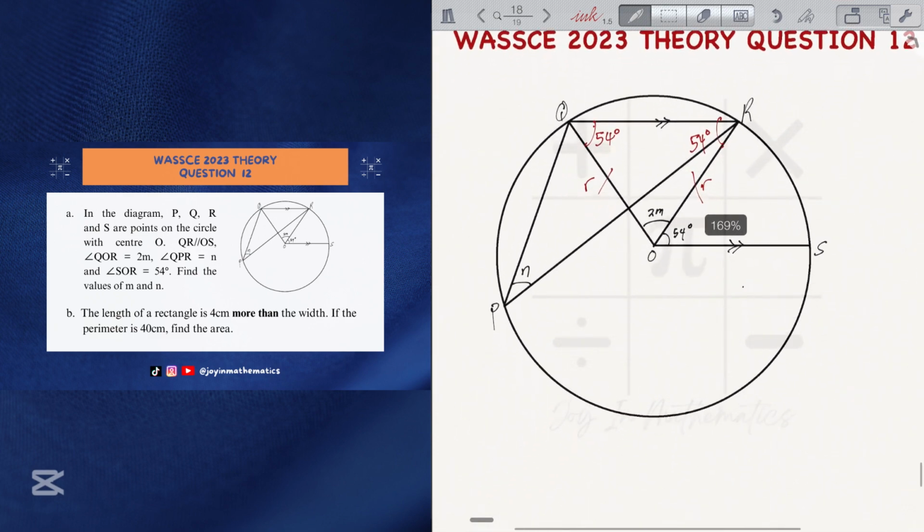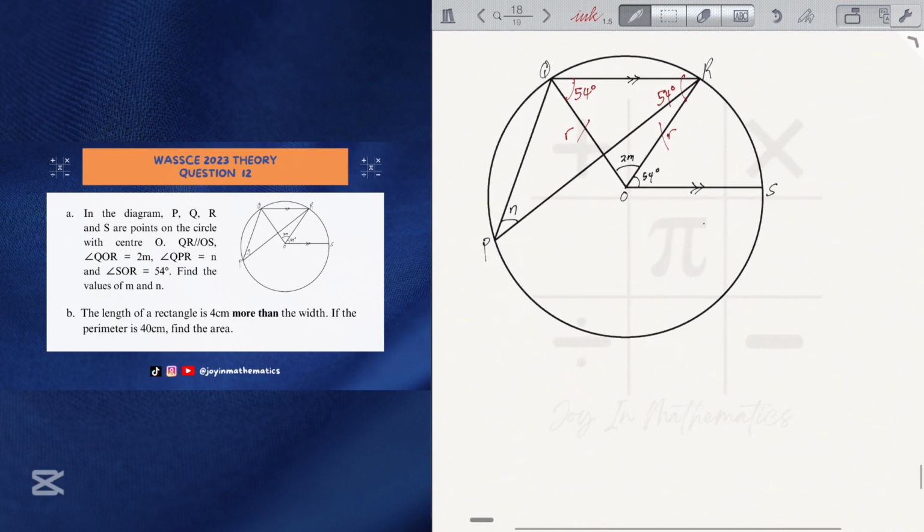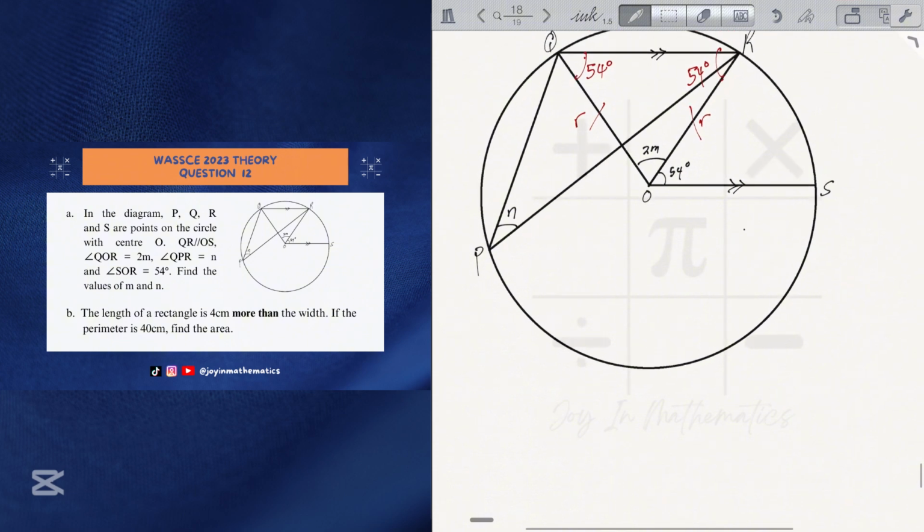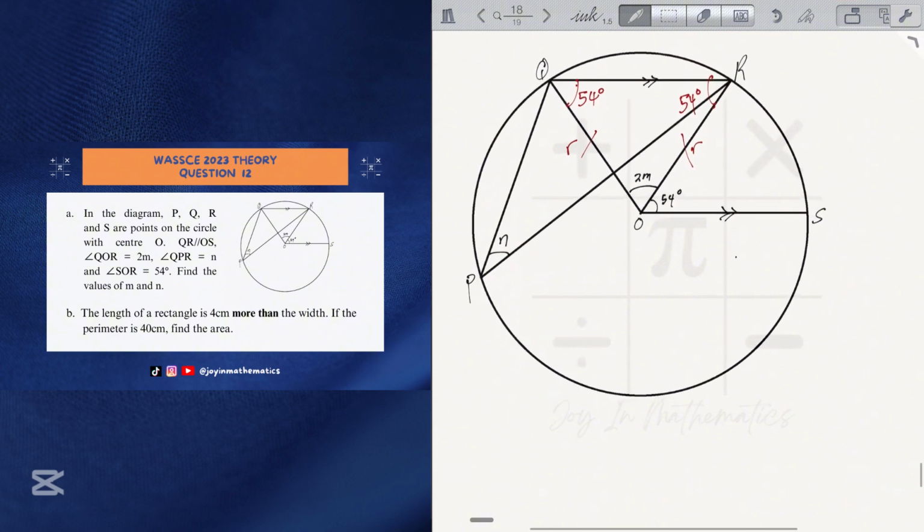So let's proceed and find the value of m, and let us write out our inferences first. The first thing we did was to establish the fact that angle ORQ is equal to 54 degrees. Why? Alternate angles.